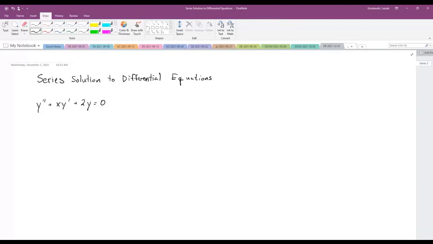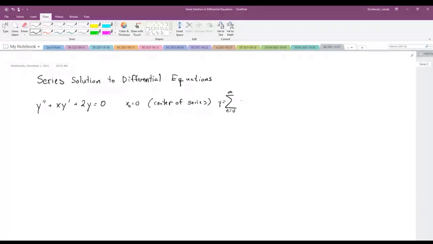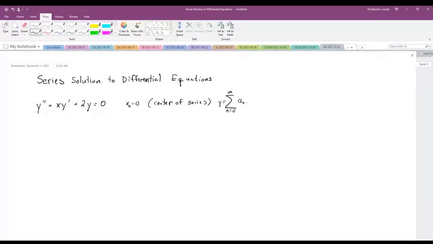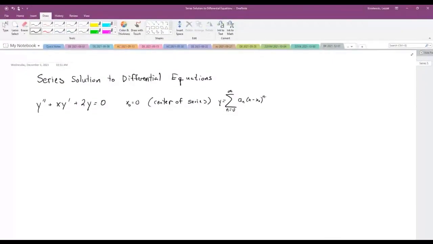All right, we're going to find a series solution where the series is centered at some point. Let's just say 0. We know that we're looking generically for a solution where our function is represented by a series, a sum of some unknown coefficients times (x minus the center x naught) to the power n.